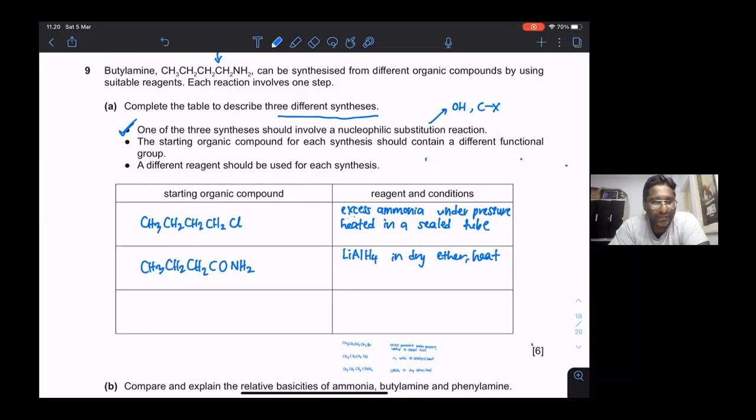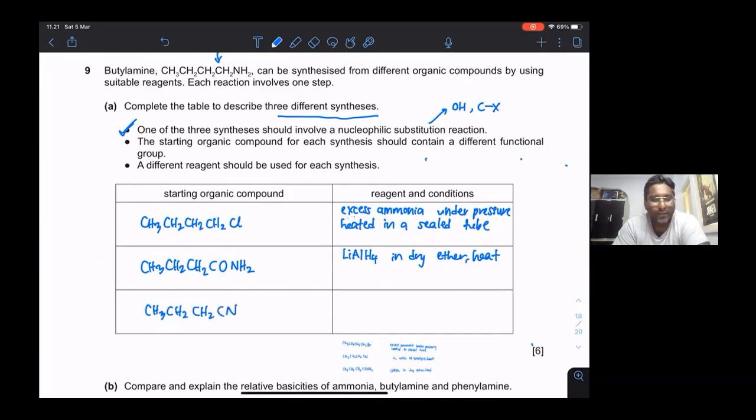Now the next one is going to be related to if you have nitrile. That's another one. If you have nitrile, you can also reduce nitrile, rather than reducing amide. So CH3, CH2, CH2, and this one is CN.